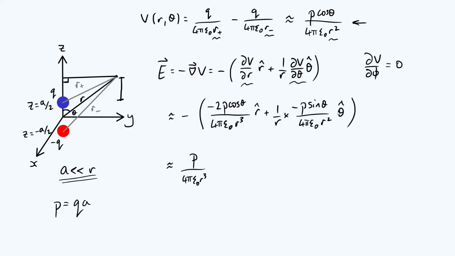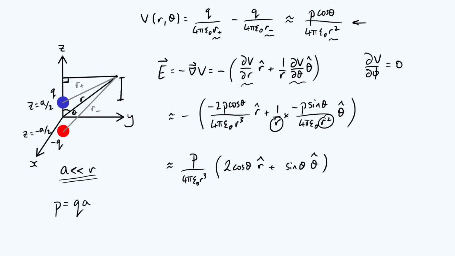Remember, this theta hat term also really has an r cubed on the bottom because there's an r there and an r squared there. So we can pull out that common factor, and then the r hat component is going to be 2 cos theta, and the theta hat component is going to be just sine theta.